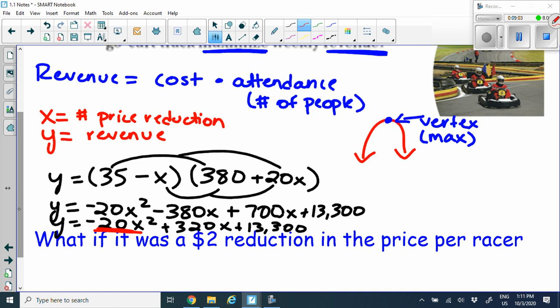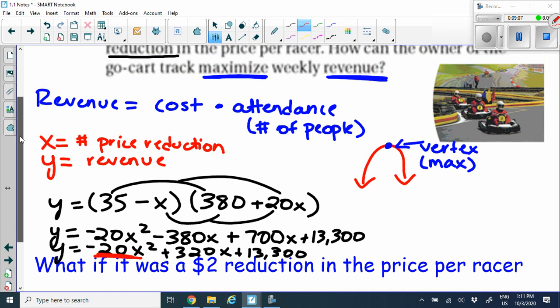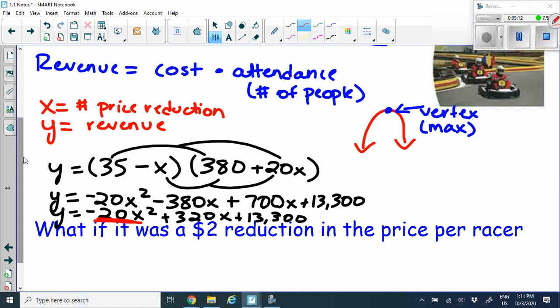And since we were trying to find the revenue, okay, or it's asking us how can the owner of the go-kart track maximize the weekly revenue, we're trying to figure out how many price reductions the owner can do to maximize that profit or the revenue. So revenue is Y, that means the number of price reductions is going to be our X, and that's what we're trying to solve for. So in order to find the X value of the vertex, we need to do the opposite of B over 2A.